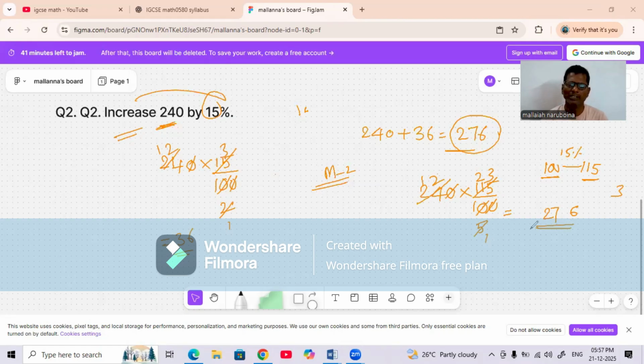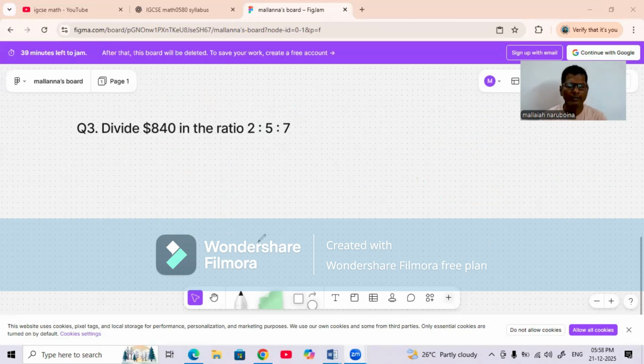So 276. Divide $840 in the ratio 2:5:7. First write the total parts: 2 plus 5 plus 7 is equal to 14 parts. We have to distribute into 2 parts, 5 parts and 7 parts individually.